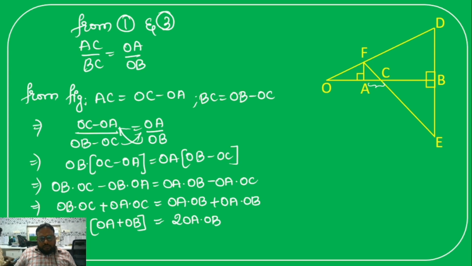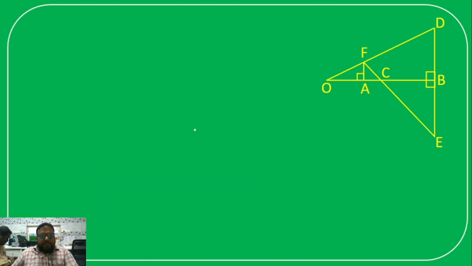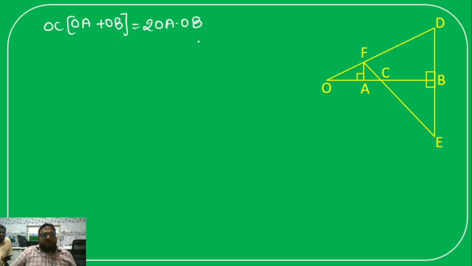Now, one of the important parts is, when I got up to here, I'll write this statement once again. OC into (OA plus OB) is equal to 2 into OA into OB. This is what I got. Now I will divide both sides by OA into OB into OC.